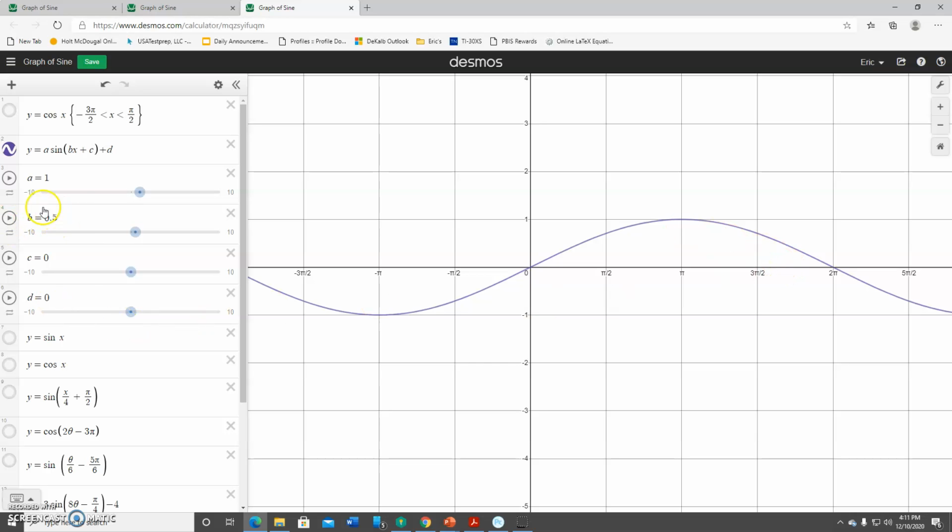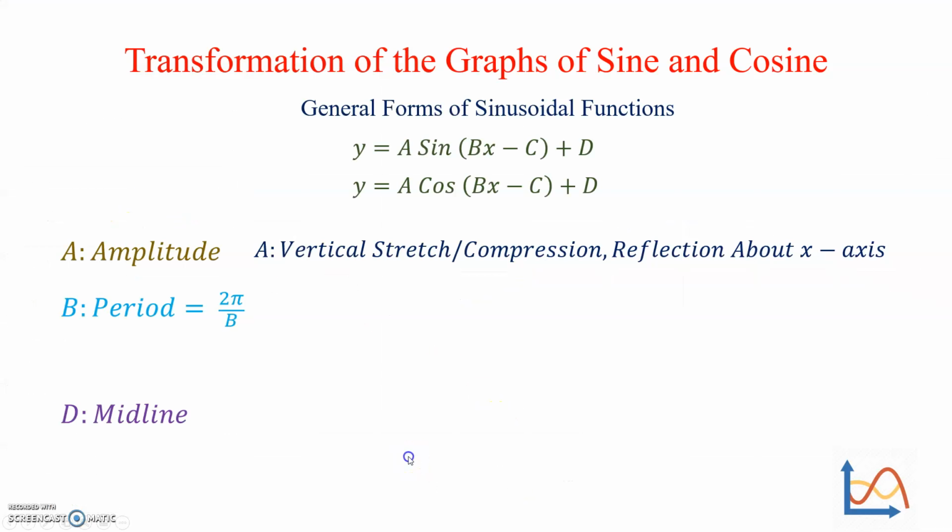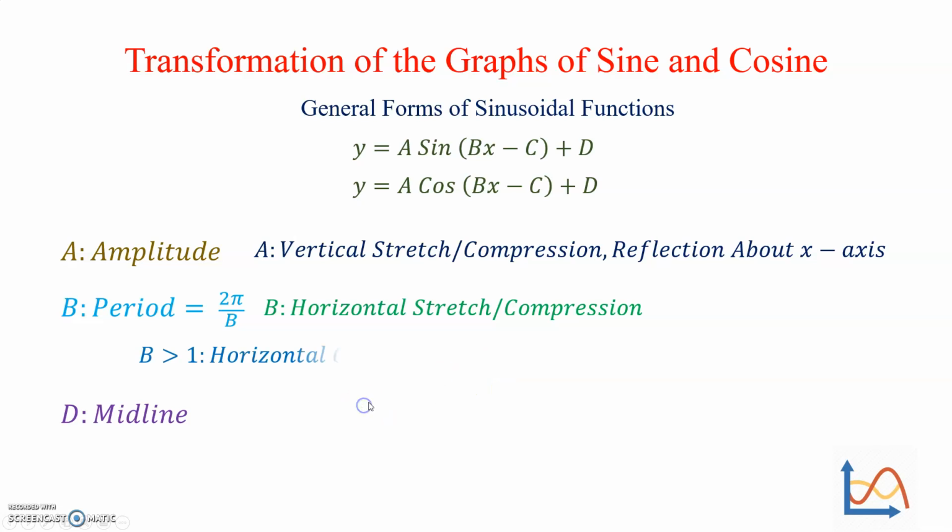So we can see the correlation between the number and what it represents in the graph. When B was between 0 and 1, there was a stretching. When B got greater than 1, there was a compression. So B creates a horizontal stretch and compression.